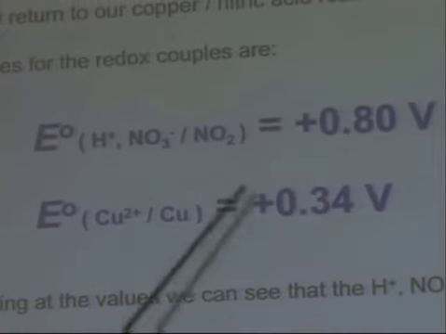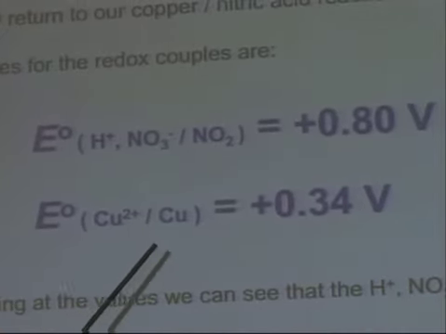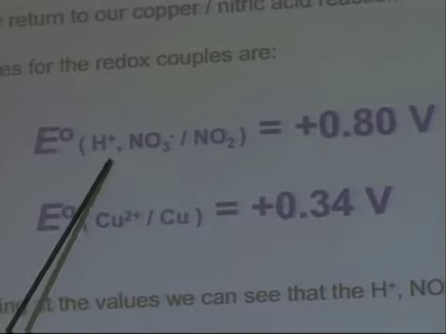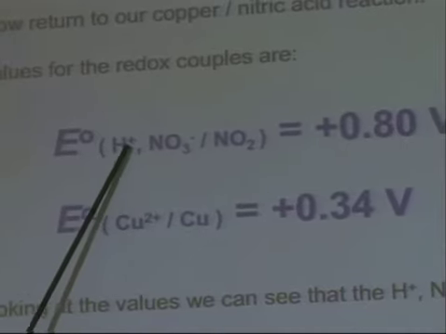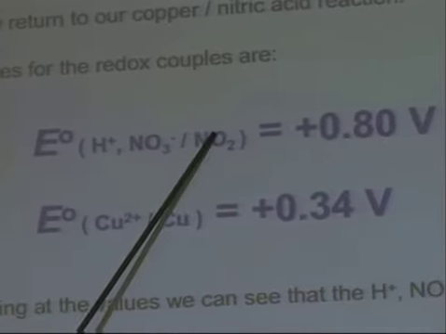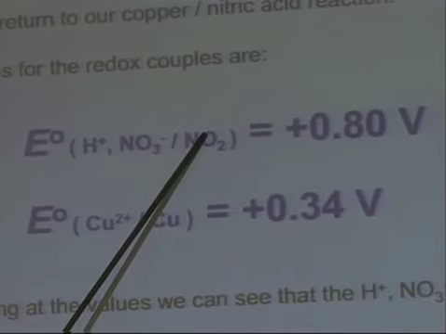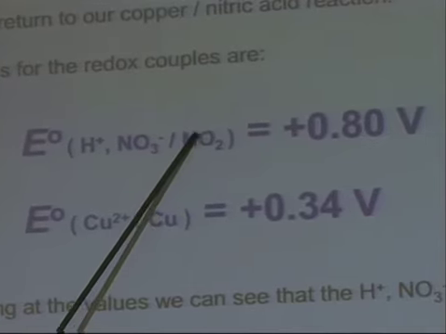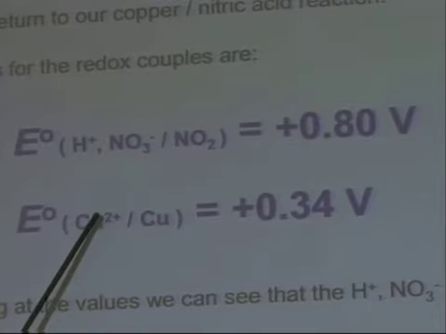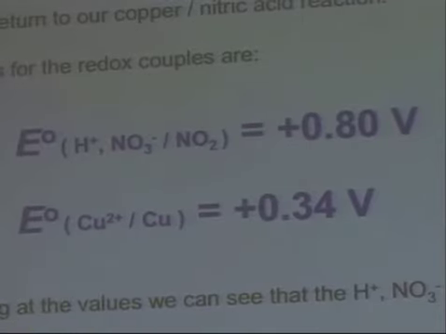Yeah? This number refers to a reduction, but just not worry about that for the moment. For these two redox couples, we could have this turning into this, that would be a reduction, and so in a redox reaction, you would have to have copper going to copper 2 plus. That would have to be the oxidation that goes with this reduction. Does that make sense? Yeah?